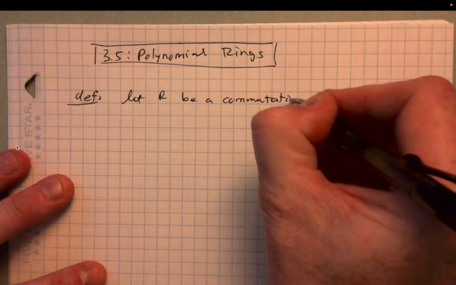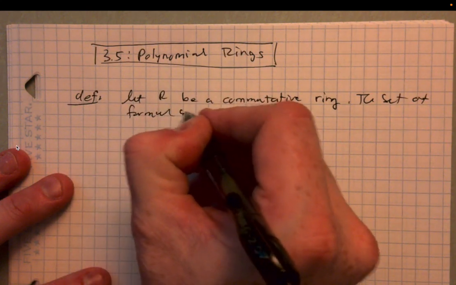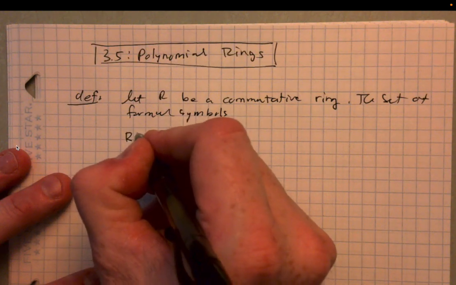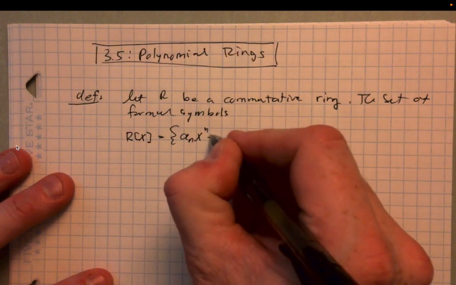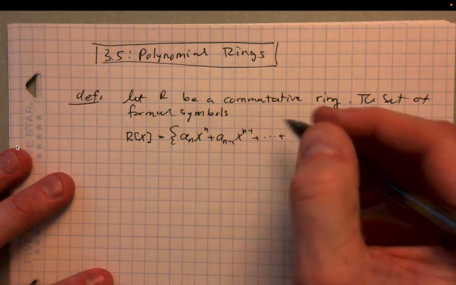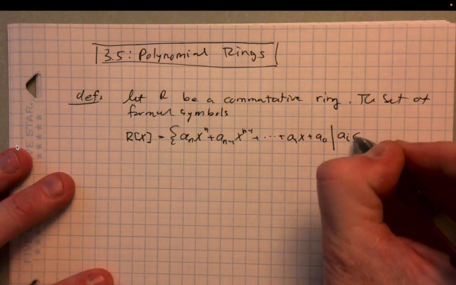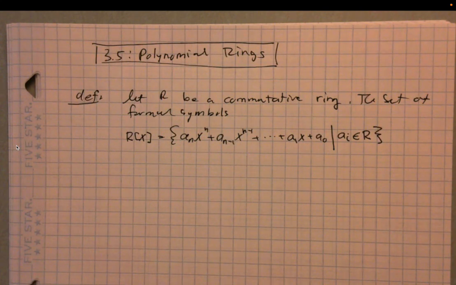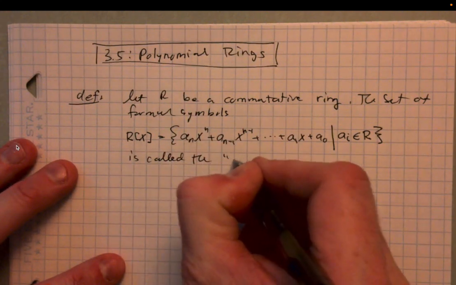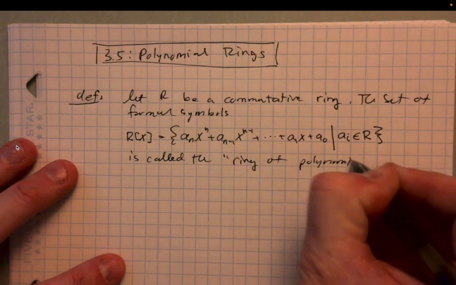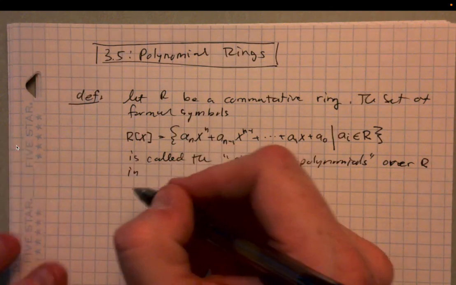Then the set of formal symbols, what we're going to write is this: R[x] is going to be equal to the set of a_n x^n + a_{n-1} x^{n-1} + ... + a_1 x + a_0, such that, of course, a_i is in the ring R. And this is going to be called the ring of polynomials over R. And we would also say in the variable x.